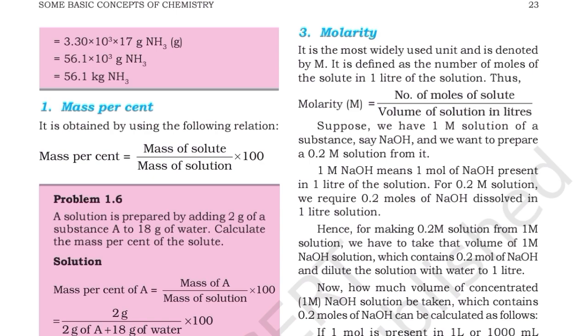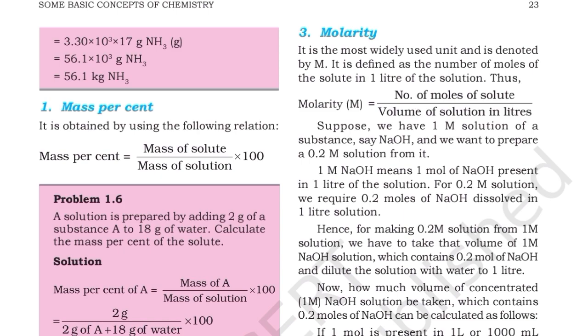Suppose we have 1 molarity solution of a substance, say NaOH, and we want to prepare a 0.2 molar solution from it. 1 molar NaOH means 1 mole of NaOH is present in 1 liter of the solution. For 0.2 molar solution, we require 0.2 moles of NaOH dissolved in 1 liter solution.